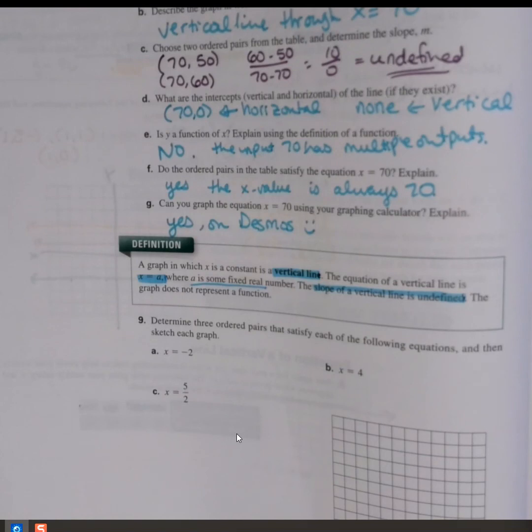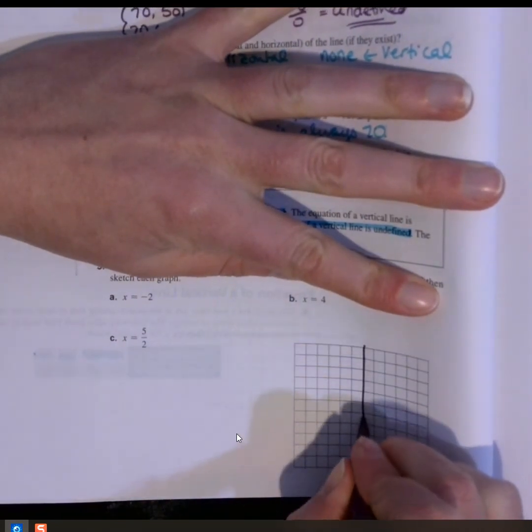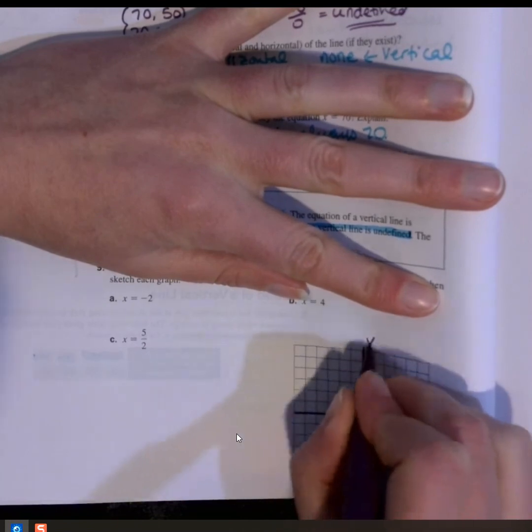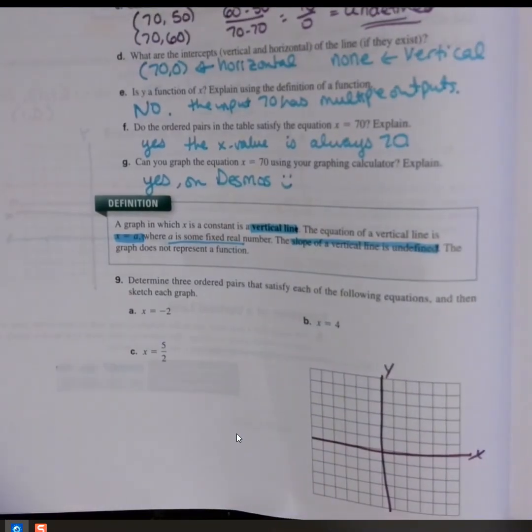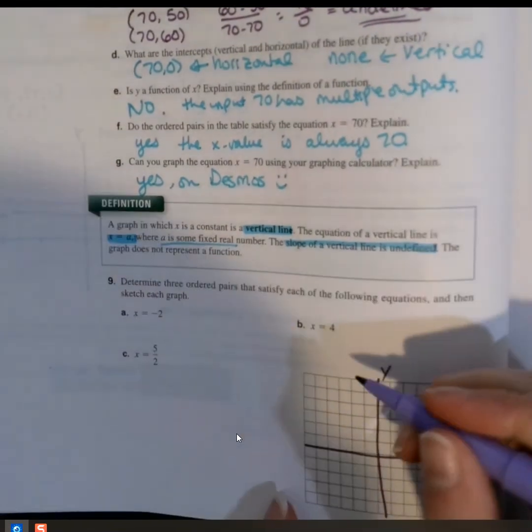And last, we have a similar activity to the one we did before. Draw some vertical lines through a couple different areas. Let me get my graph. I'm going to draw x and y axes in the middle here. Then we want to sketch x equals -2.